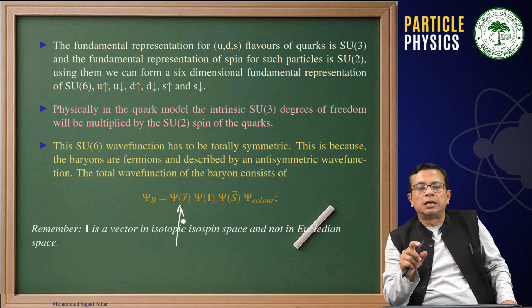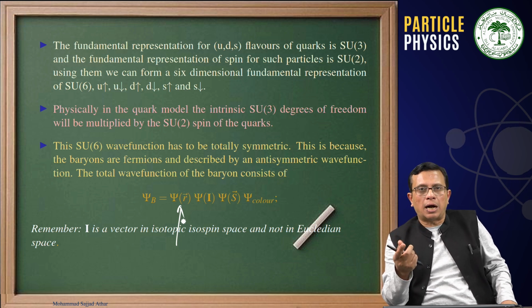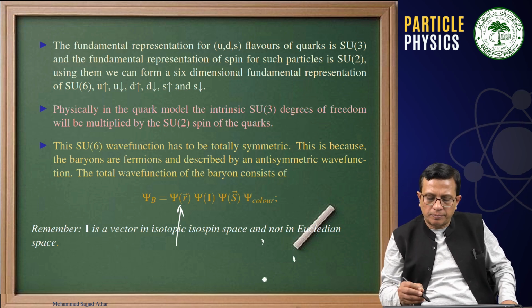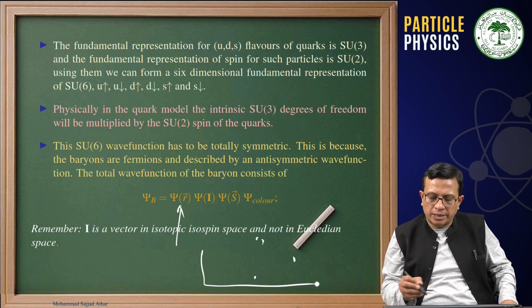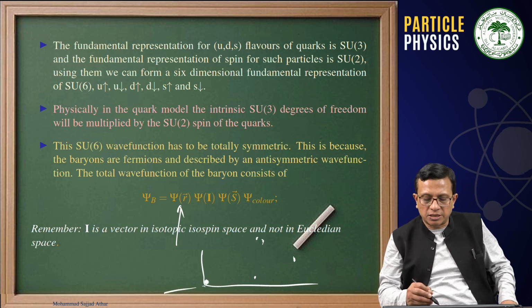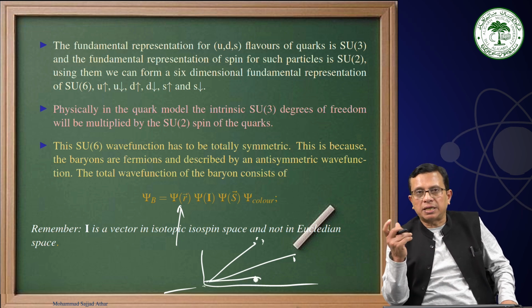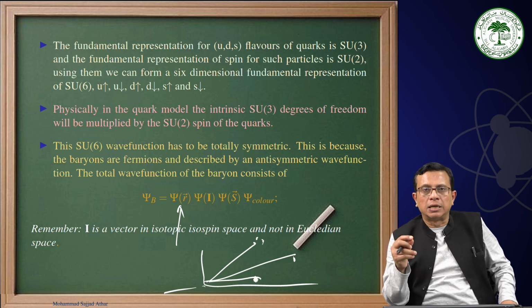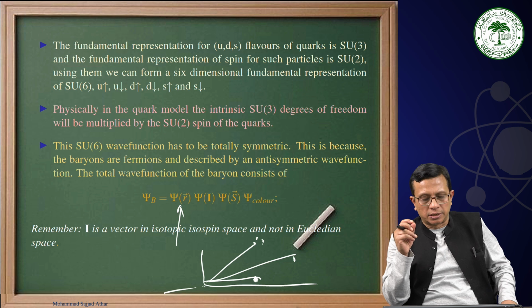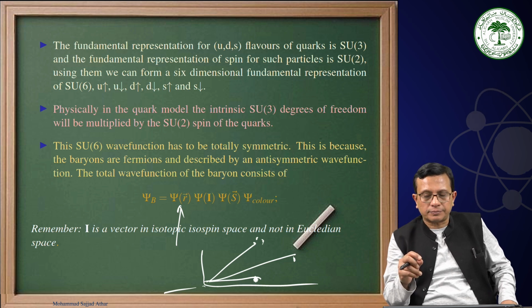We know that the position of the quarks hardly matters, whether this one is at R1, or this is R2, or this is R3, that is immaterial, and that means this wave function has to be symmetric.